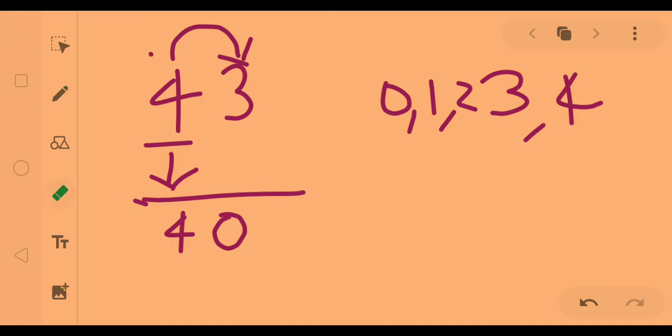Let's see some more examples. The next number is 57. We are rounding this number to the nearest 10. So underline the tens place digit and move back to the previous place digit. The previous place digit is 7, and we have seen the second case.